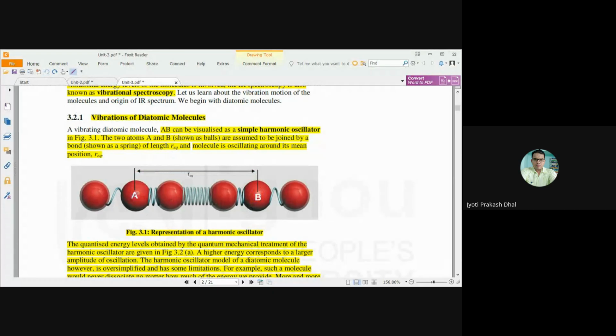So there will be expansion and compression. The position of atom A will undergo expansion and compression like this. That means there will be a regular change in the bond length of the diatomic molecule AB. The bond length may be less than the equilibrium distance Req for compression, and more than the equilibrium distance Req for expansion.